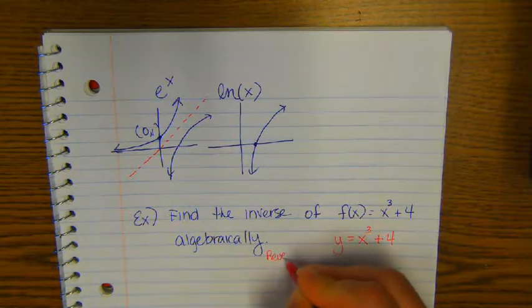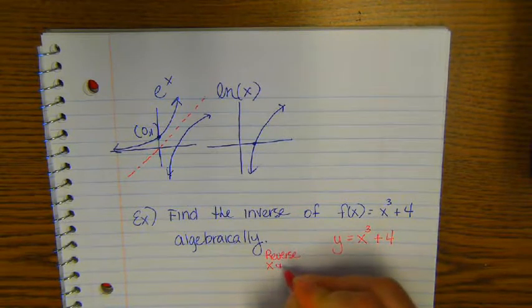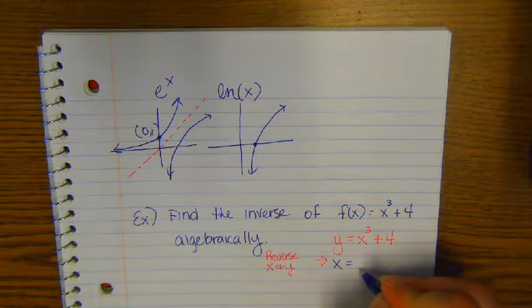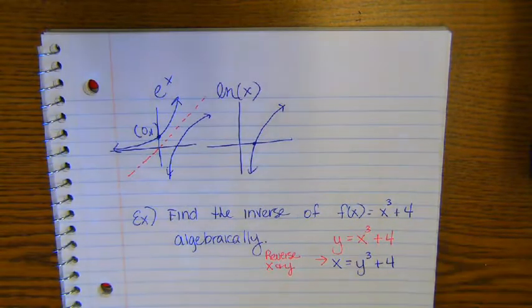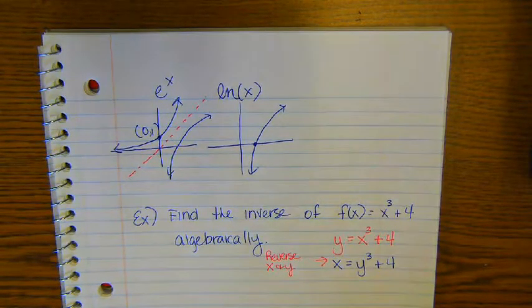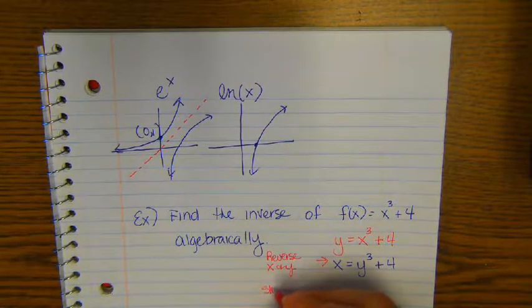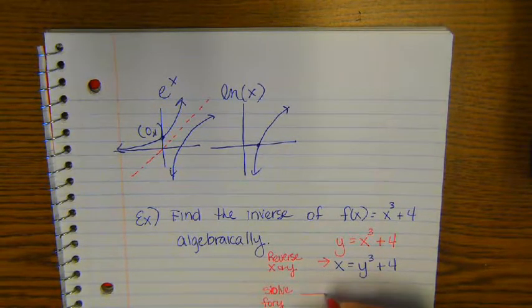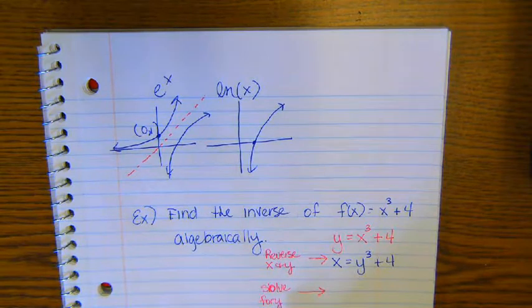Then we are going to reverse x and y. Here's what that looks like. Instead of y equals x cubed plus 4, that would look like x equals y cubed plus 4. Finally, if I want to put it back in function notation, I have to solve for y. Now, this sounds easy, but sometimes it's not.